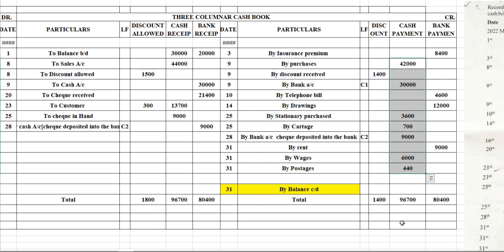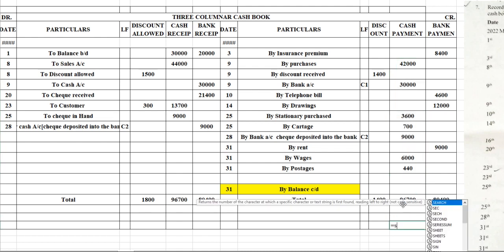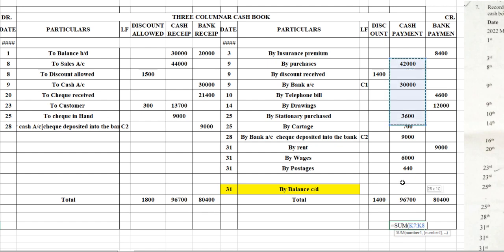Okay. Let me take it here. The total of this all is 91,740.